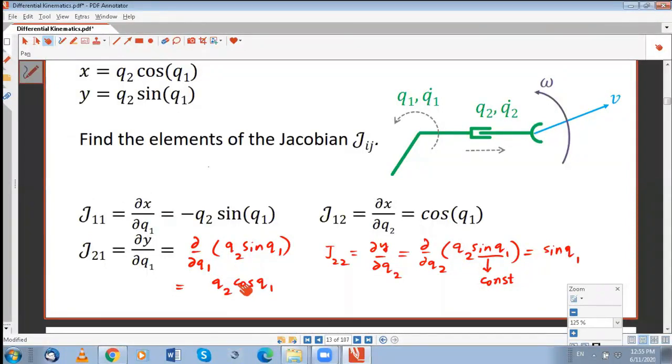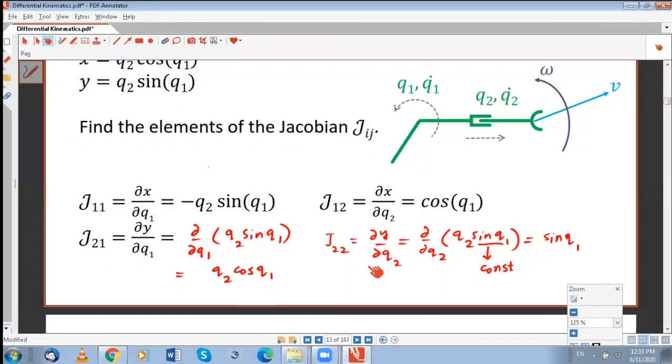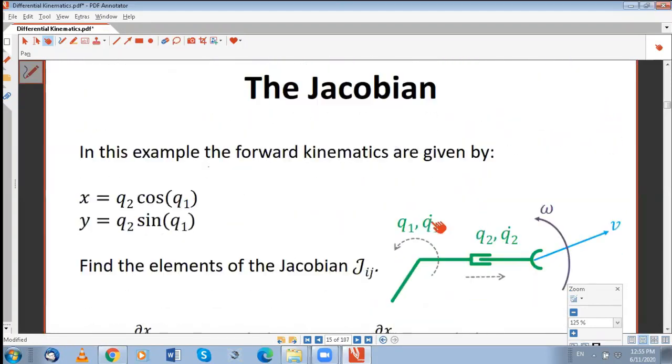And the second row and second column, the last element of the Jacobian, take the partial of this with respect to q2. It's the same. As q1 is being treated constant in this expression, sine of q1 is also constant. It will come as it is. And partial of q2 with respect to q2 will give you 1. So now your Jacobian is complete.